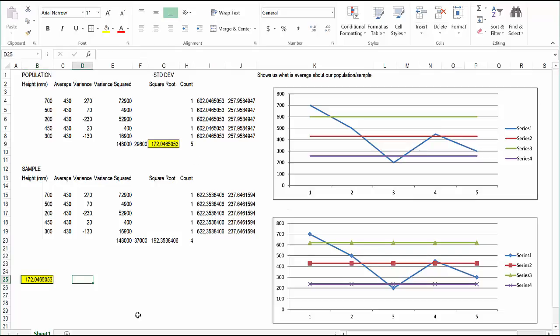So for this population, or if we think of it as a sample of a greater population, either way, we can now predict for 1 standard deviation just how tall or short something in this data set would be. We take the average, 430, and we can add that standard deviation to it, and it gives us the 602.